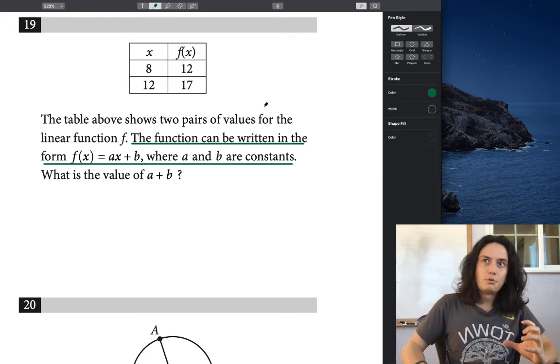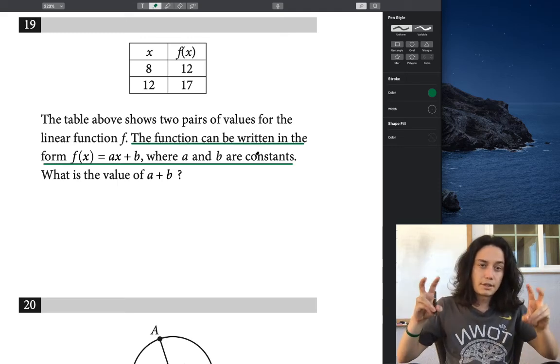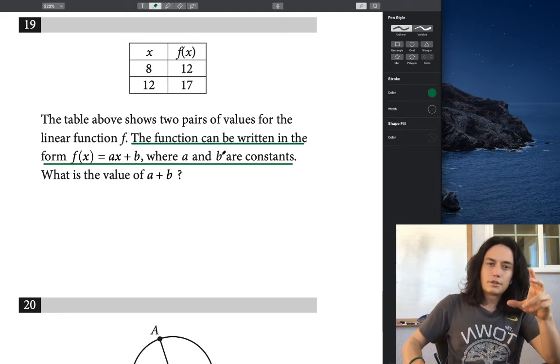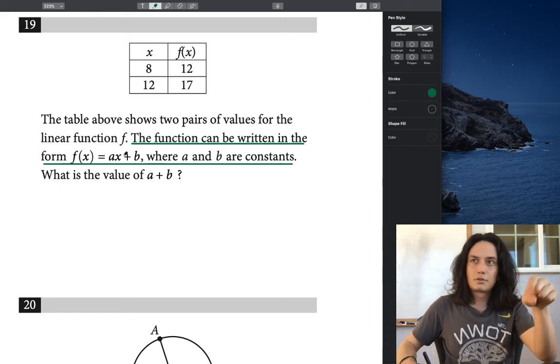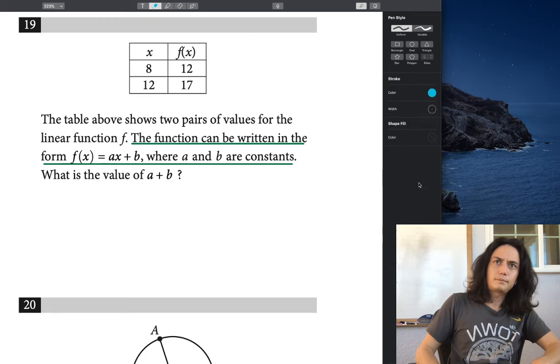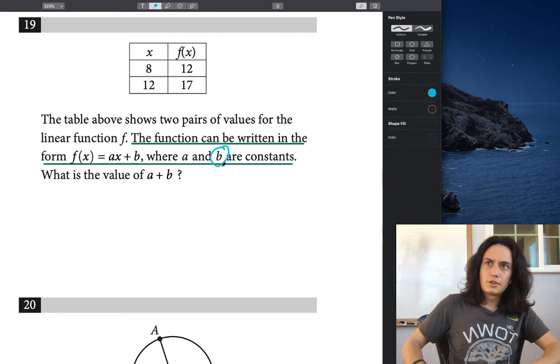It is confusingly worded, but all they're using these constants, a and b, for, they're not introducing new variables. They're just using these letters as a way of pointing at a certain part of the equation. So b is just the y-intercept.